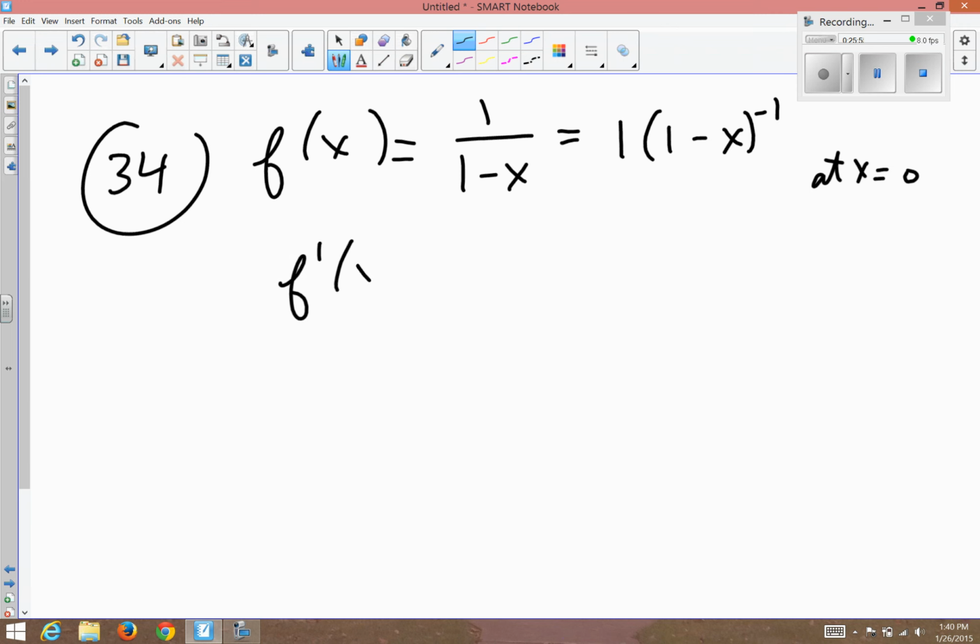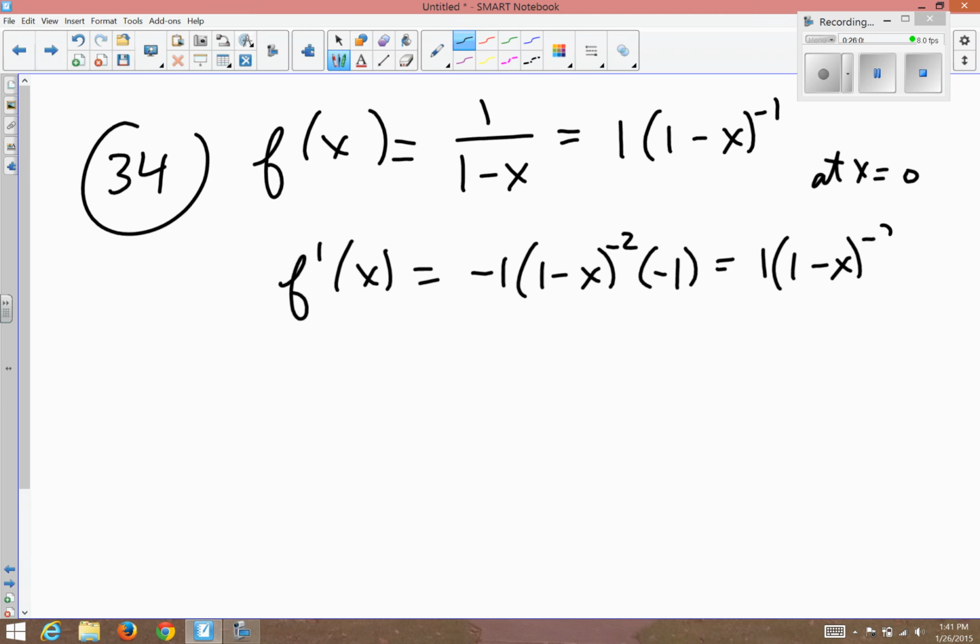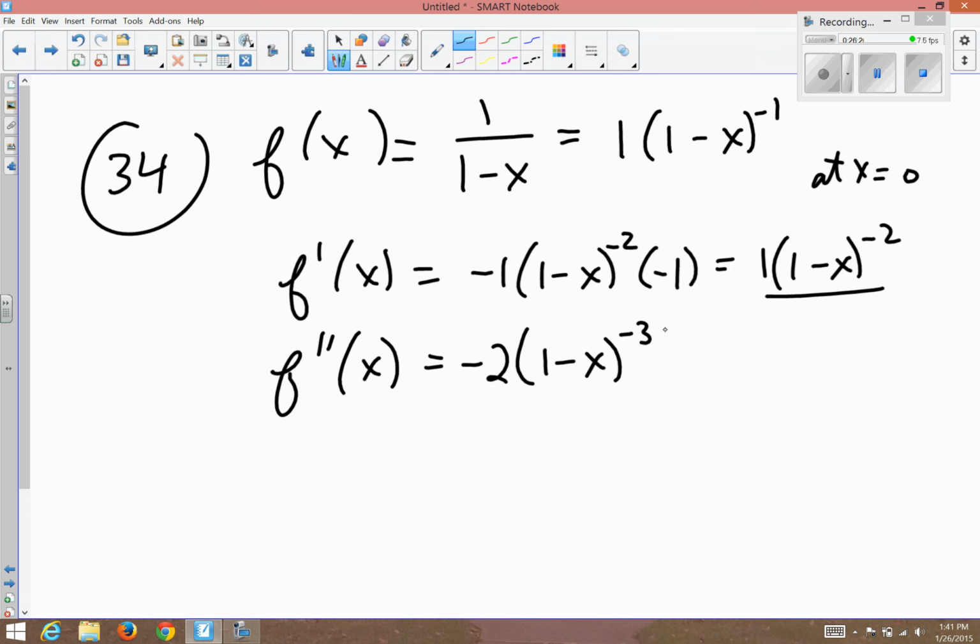The first derivative is negative 1 times 1 minus x to the negative 2 times the derivative of what's in the parentheses. So it ends up being positive 1 times 1 minus x to the negative 2. The second derivative, coming from here, is going to be negative 2 times 1 minus x to the negative 3 times the derivative of what's in the parentheses.